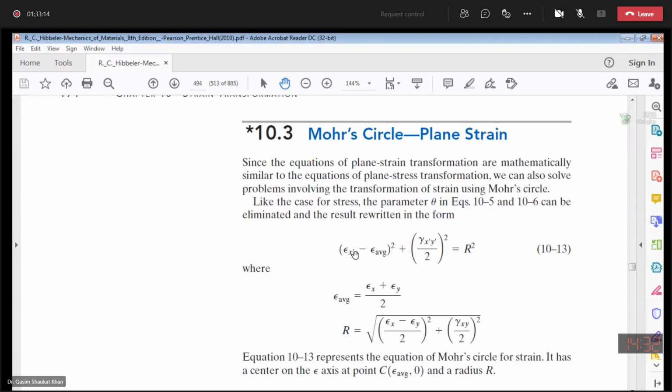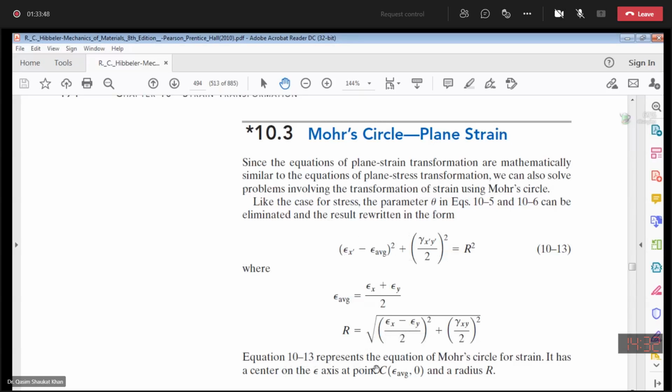Now in plane strain, the equation is (epsilon x' minus epsilon average) square plus (gamma x'y' over 2) square equal to r square. R is the resultant, or the radius, equal to the square root of ((epsilon x minus epsilon y) over 2) square plus (gamma xy over 2) square. Equation 10.13, this one.